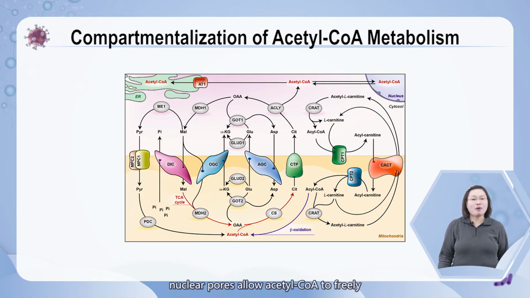Conversely, nuclear pores allow acetyl CoA to freely distribute between the cytosol and the nucleus. Of note, the endoplasmic reticulum doesn't contain any acetyl CoA generating enzymes, implying that the acetylation of proteins within the ER lumen critically depends on the import of acetyl CoA from the cytosol.